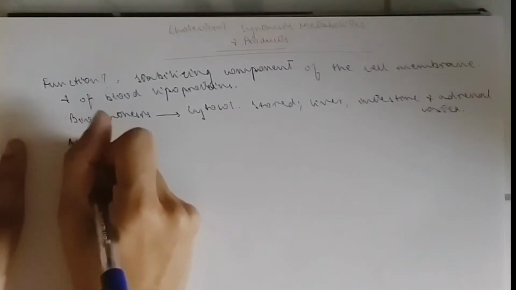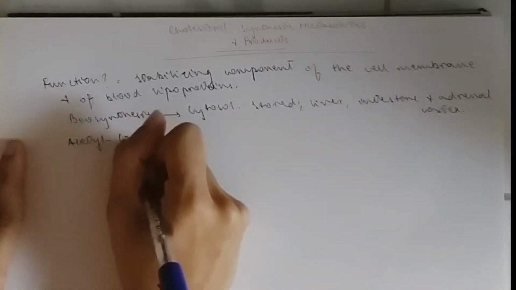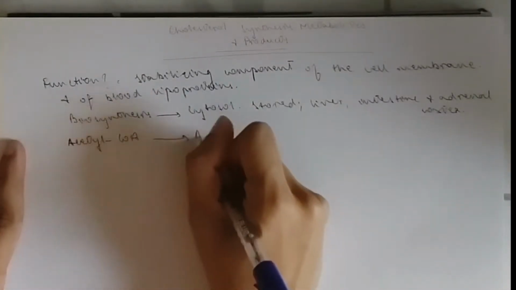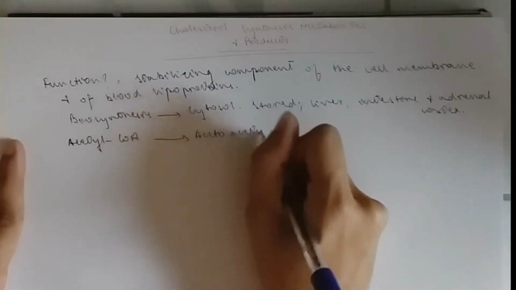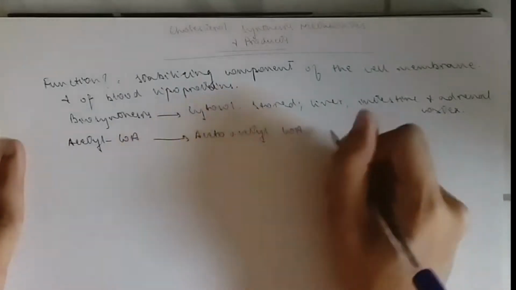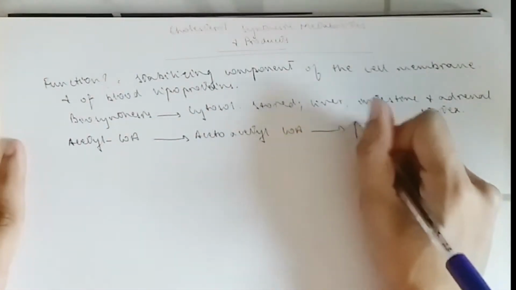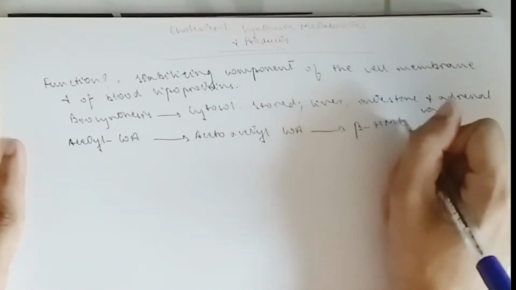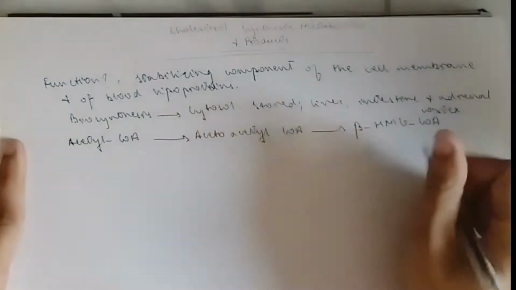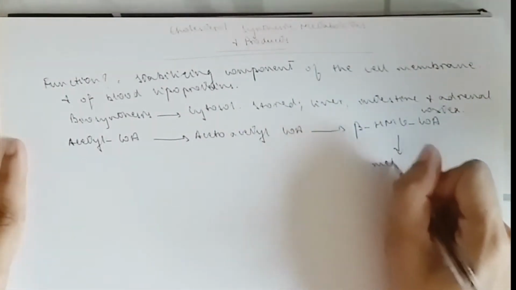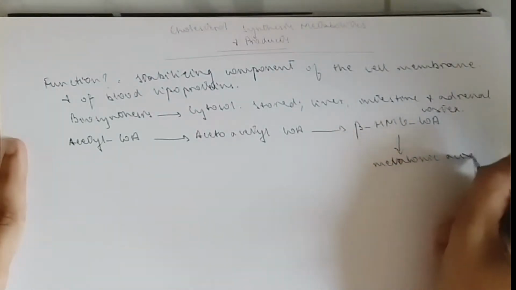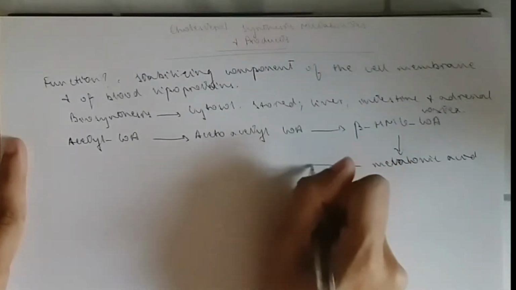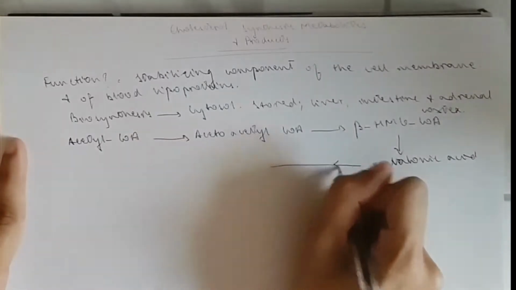Now we'll move on to the synthesis, the pathway basically. So we start with acetyl coenzyme A, which we can get from glucose, fatty acids, amino acids, right? And it is carried to the cytosol by citrate. The acetyl coenzyme A is converted to acetoacetyl coenzyme A, which is converted to beta HMG CoA, which is hydroxymethylglutaryl coenzyme A. And that goes to mevalonic acid.